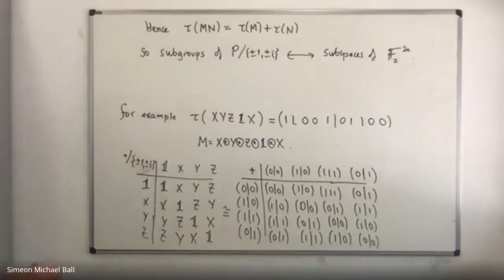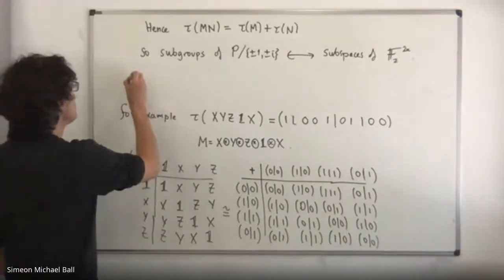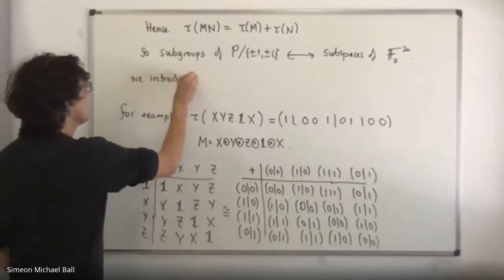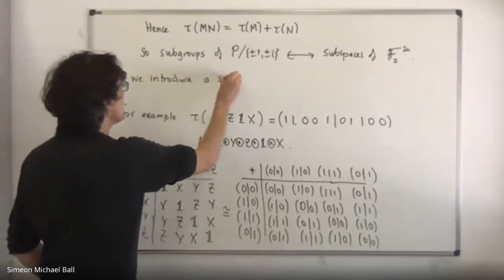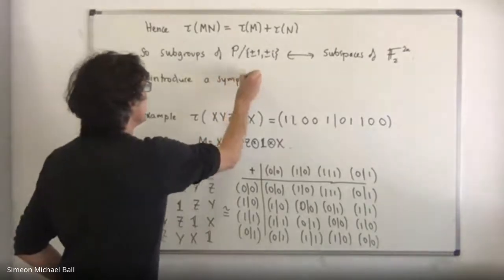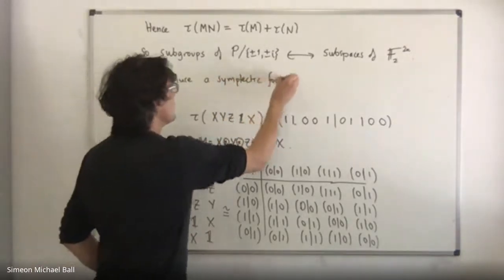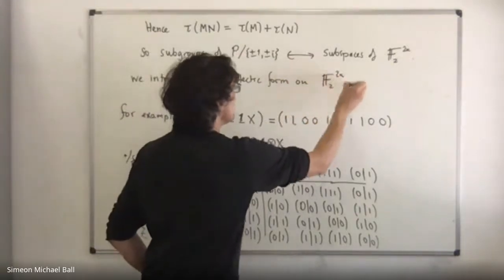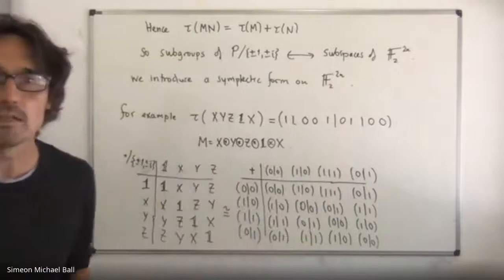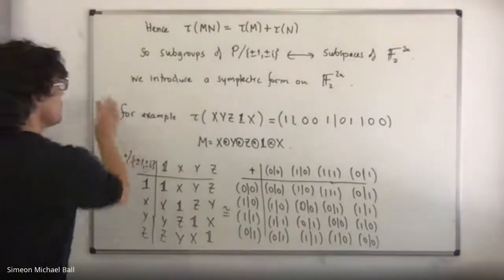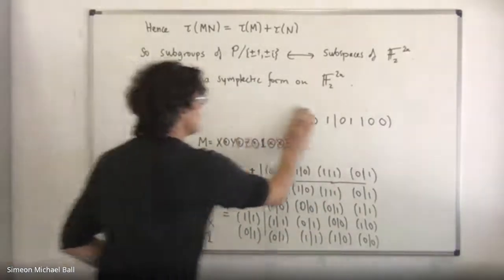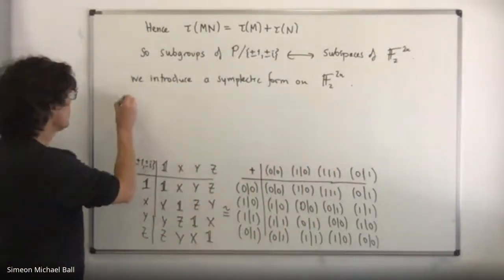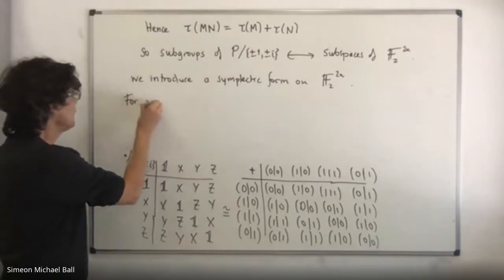And to find out where the abelian subgroups are, we introduce a symplectic form on F2 to the 2n. So for any two vectors, I'm going to define a product. It's not going to be the classical one, it's going to be the following.